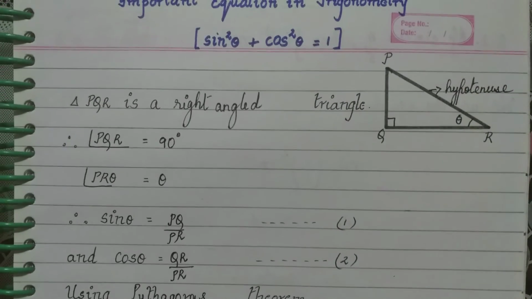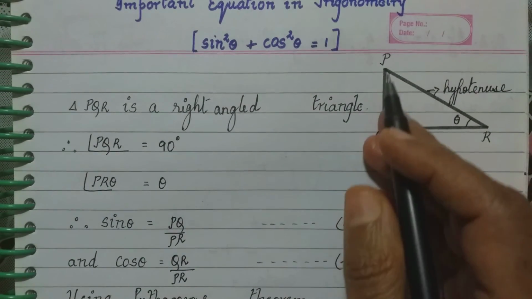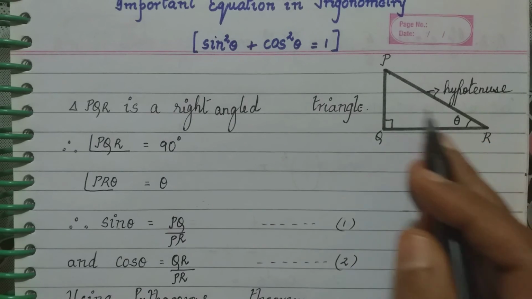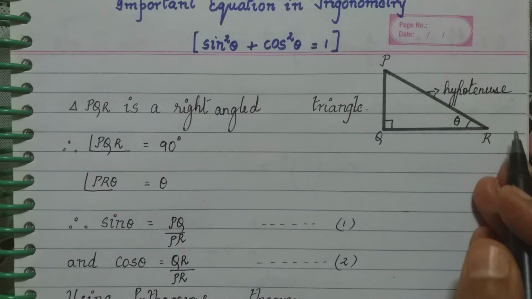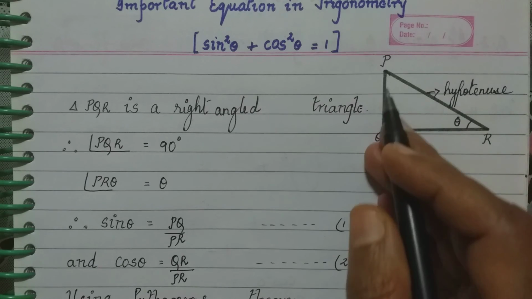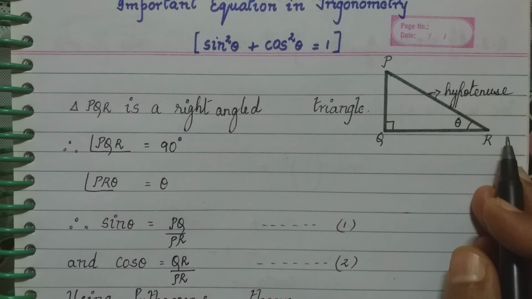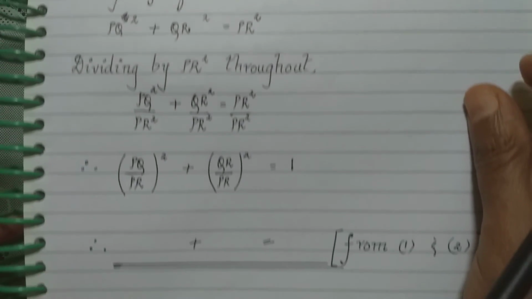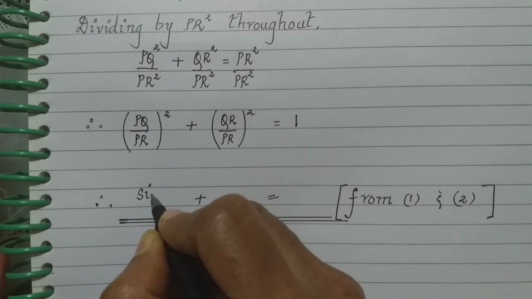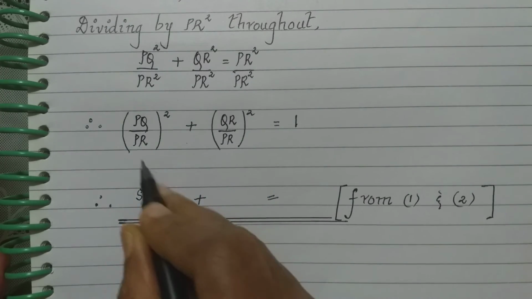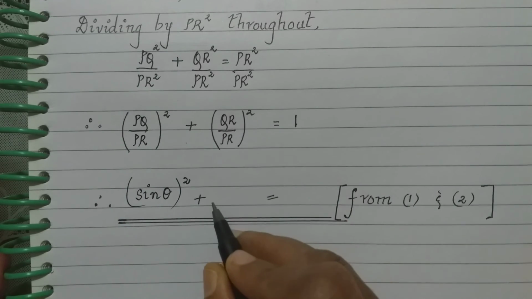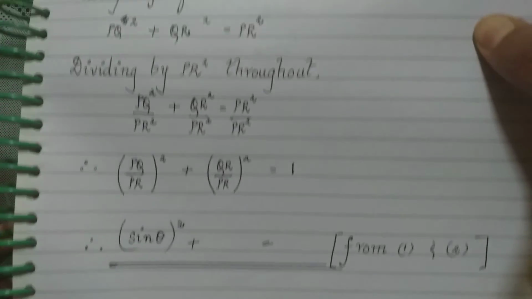In relation to this angle theta, PQ is the opposite side, PR is the hypotenuse. So PQ upon PR is opposite side upon hypotenuse, which is sine theta. So in place of PQ upon PR, I can write sine theta, and this is whole square, plus now QR upon PR.